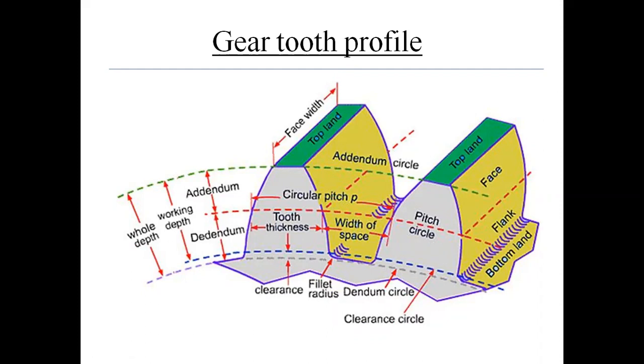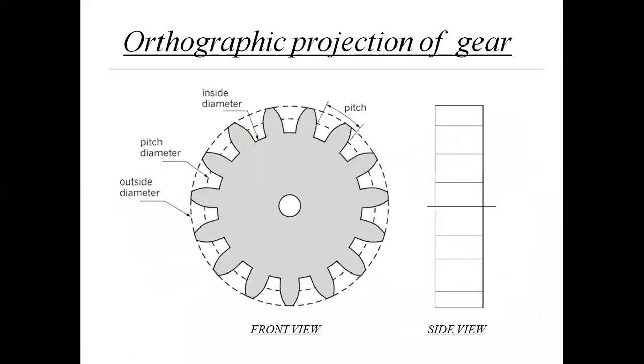So if you see the orthographic projection of the complete gear, you can see the image like this. This is the orthographic projection of a gear. In front view, you can see the actual gear in the gray shaded portion.